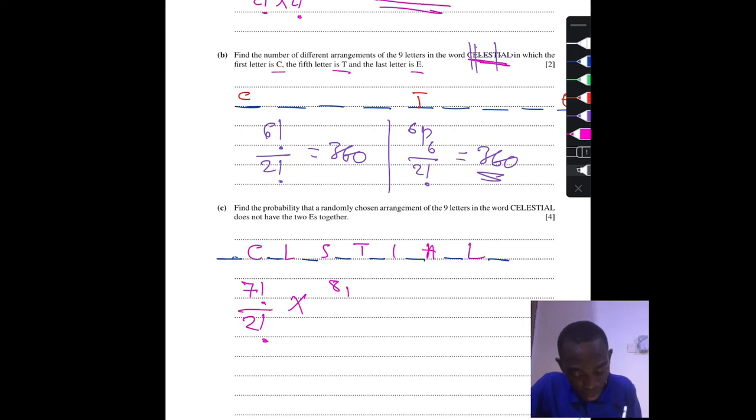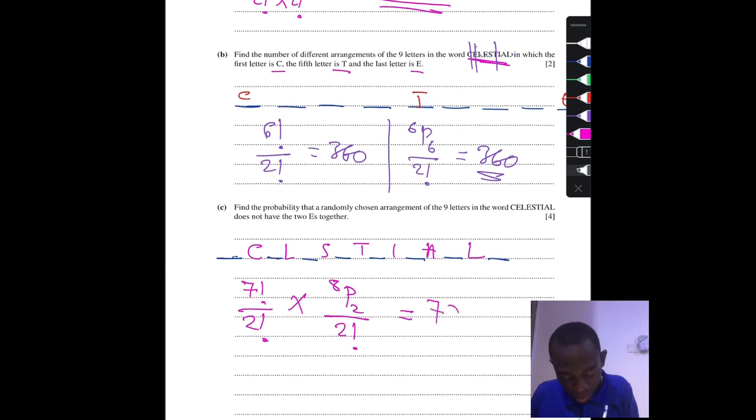Okay, so that's 8 permutation 2. But those 2 E's are actually identical items. So you divide by 2 factorial. Therefore, you have 7 factorial over 2 factorial times 8 permutation 2 divided by 2 factorial. And that gives you 7560. Okay, good to go.